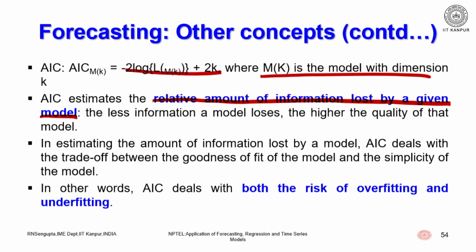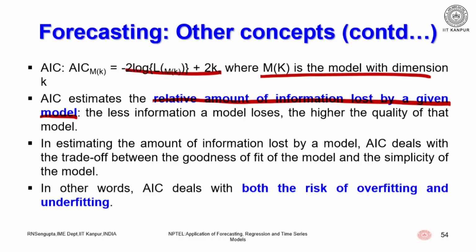If we minimize the effect of the white noise, obviously the forecasting would be the best. So the idea is to choose the model where the white noise, or the loss of information, is the least.